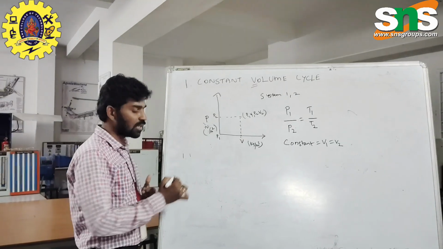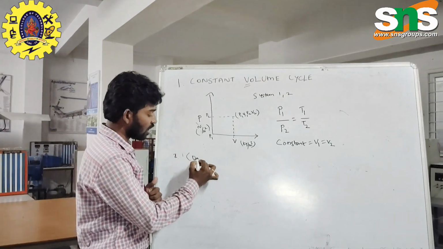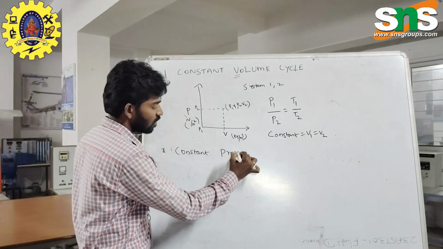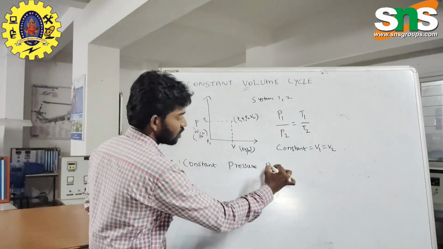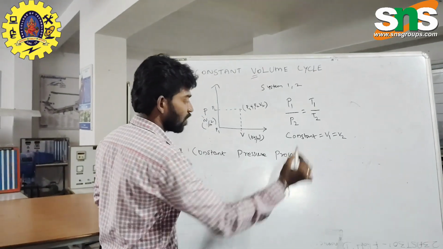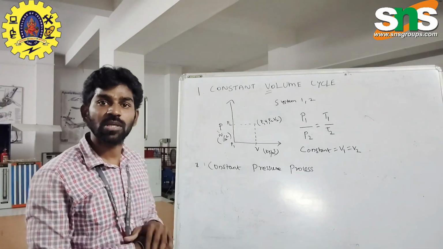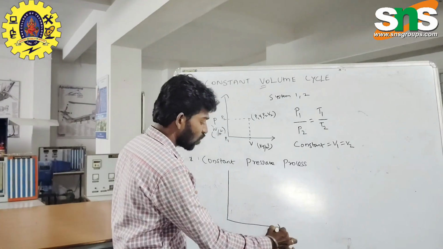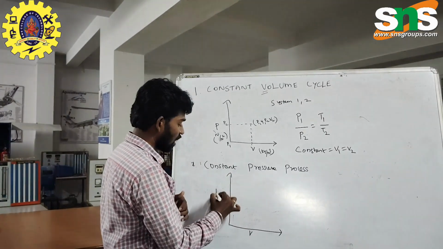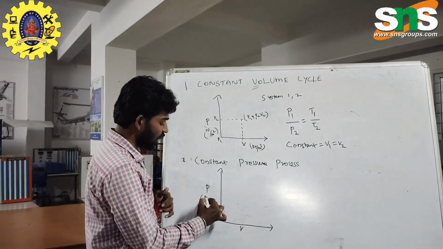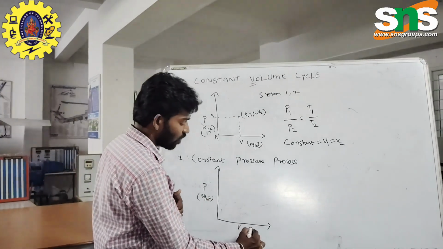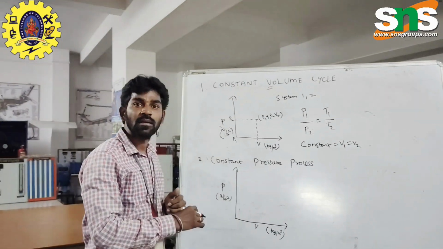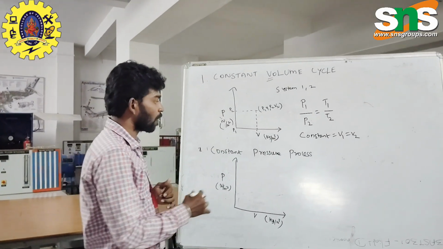Similarly, another closed cycle is the constant pressure process. In this process, similarly we draw the pressure and volume cycle. The unit of pressure is Newton per meter square and volume is in meter cube.